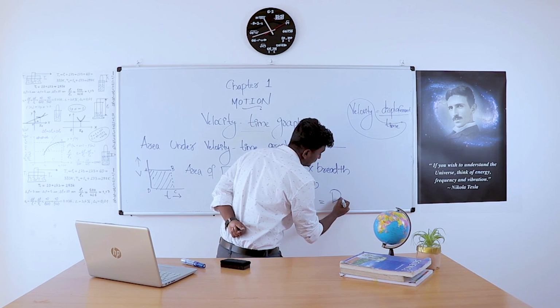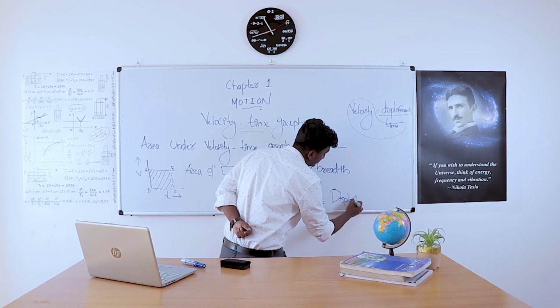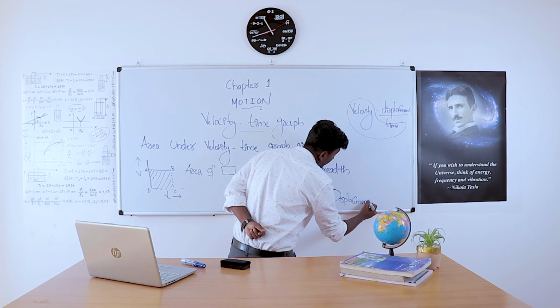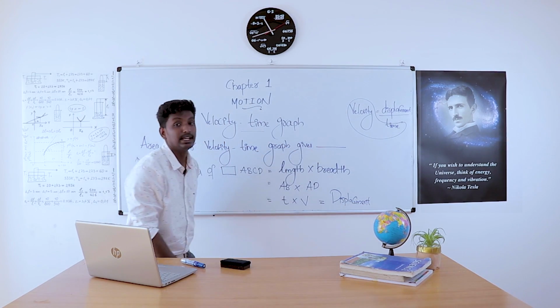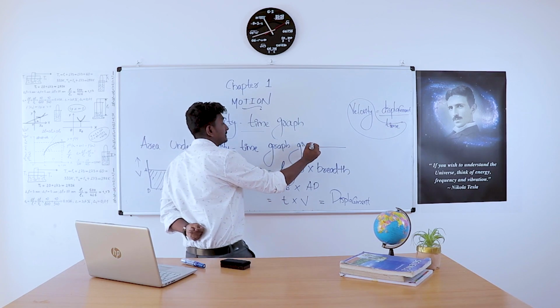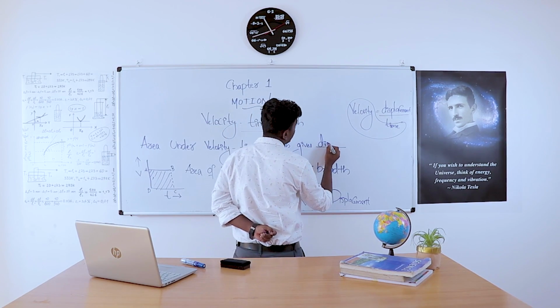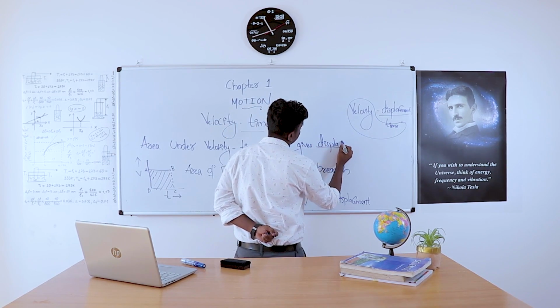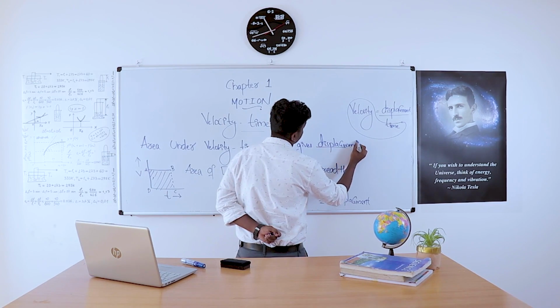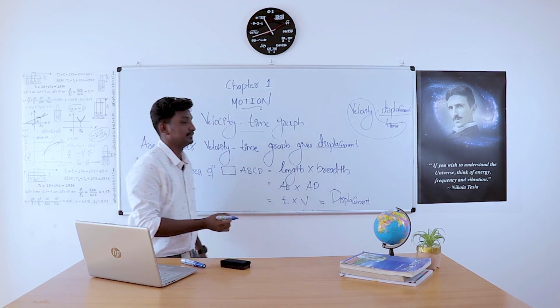That means area under velocity time graph gives displacement.